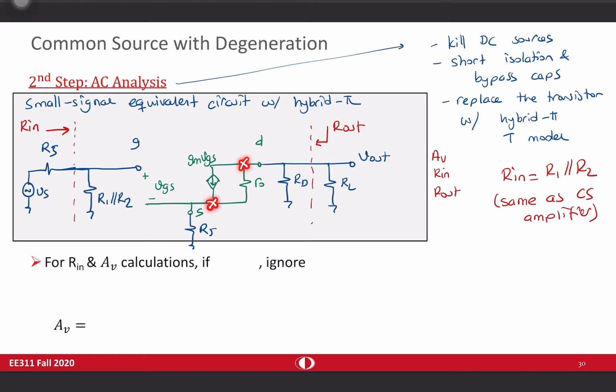So this R0 introduces an extra loop equation in here. It makes things a bit complicated. So as a rule of thumb, for Rin and AV calculations, if one end of R0 is not grounded, you can ignore it. This is going to introduce some error in your calculation, but the error is not that significant.